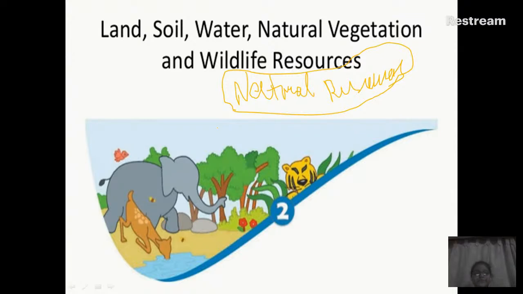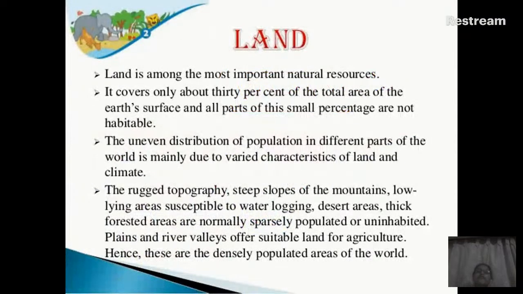Next, about land. The first component is land. Land is among the most important natural resources. If there is no land, how will we live?